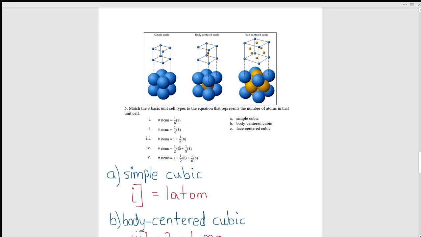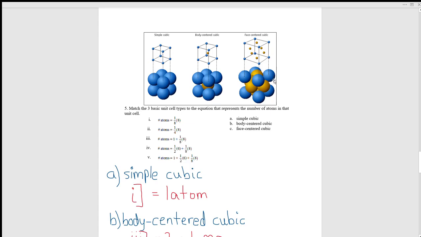However, we have these yellow or gold atoms on the face of each side of the cube. So each face represents 1/2 of an atom. We have the front and back faces, top and bottom faces, and left and right faces of our cube.